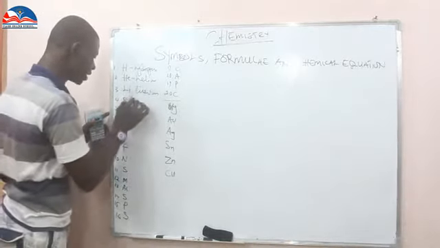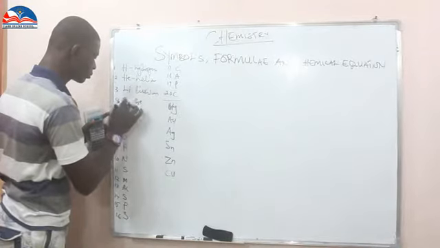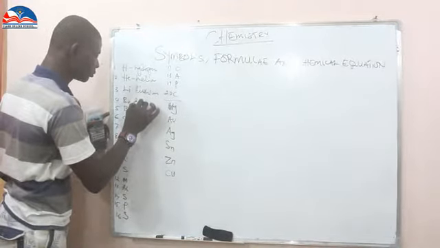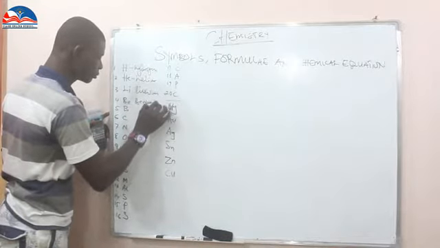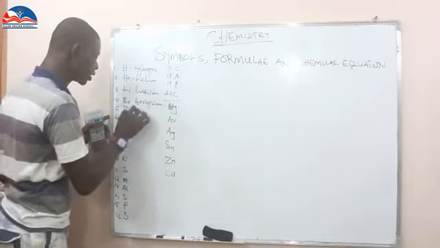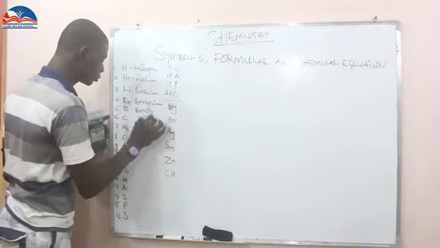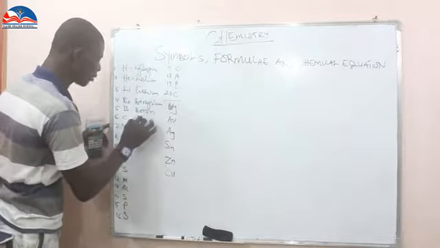Be means beryllium. B means boron. C means what? Carbon.